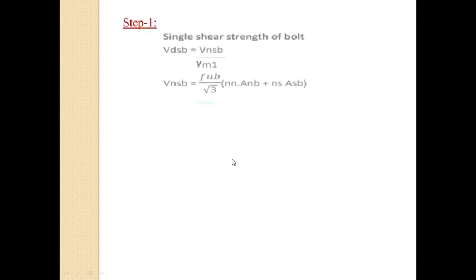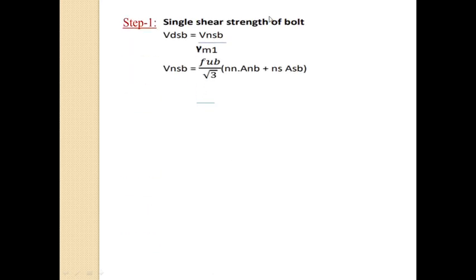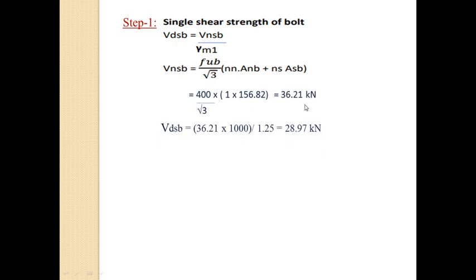So step number 1, single shear strength of bolt. VDSB is equal to VNSB upon gamma m1. Put the values of VNSB in the formula, so we get VNSB equal to 36.21 kilonewton, divided by gamma m1, we get VDSB equal to 28.97 kilonewton.